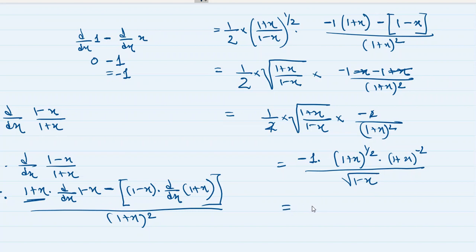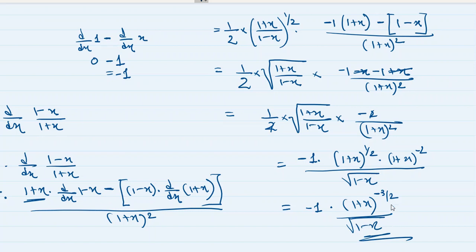So minus 1 multiplied by, okay, these two powers will get added now. So minus 2 plus 1 by 2 is minus 3 by 2. So 1 plus x raised to minus 3 by 2, the whole upon under root of 1 minus x. Yeah, you can simplify this also further if you want.